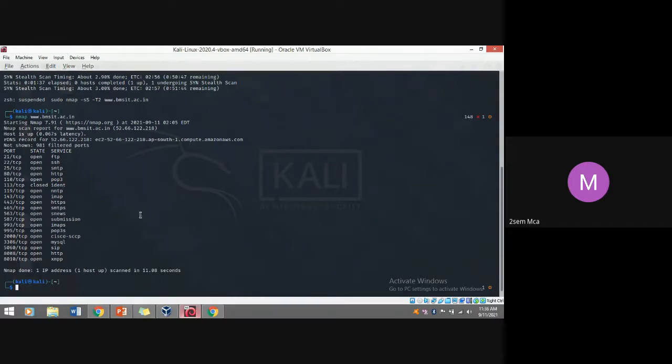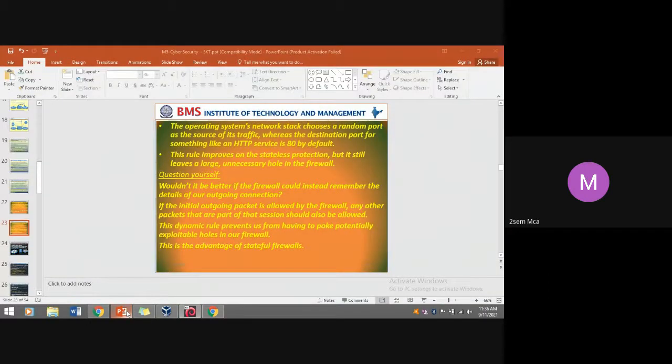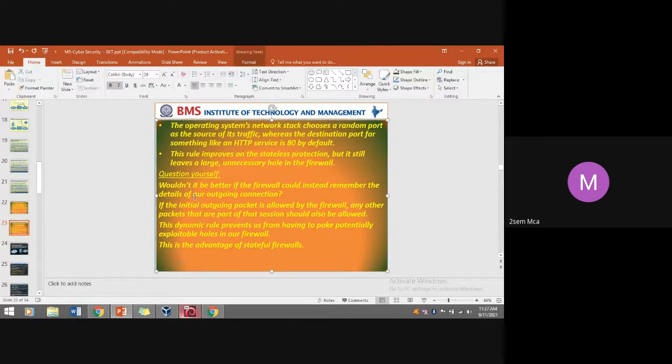So when you scan any specific targeted machine, IP or domain, you are going to obtain which ports are open. If you are not defining proper rules with the firewall, these ports are going to be utilized by hackers for their benefit. So question yourself, wouldn't it be better?